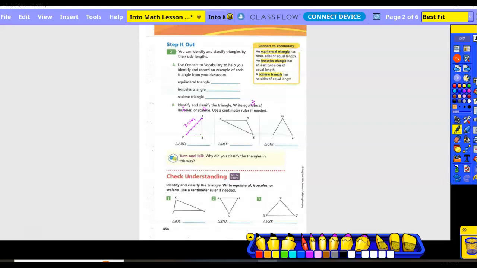Is it 2 or 2.5? Okay, so 2 centimeters. And what is the measure of AB? Okay, so 2 centimeters. So, is that going to be equilateral, isosceles, or scalene? Isosceles, because it has 2 congruent sides.